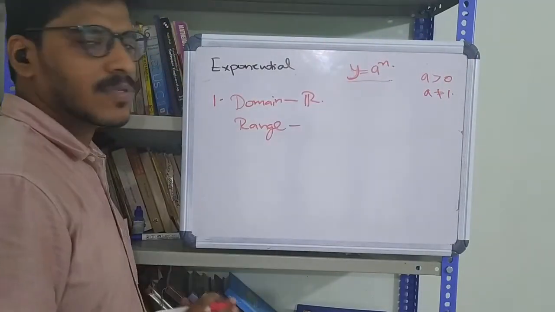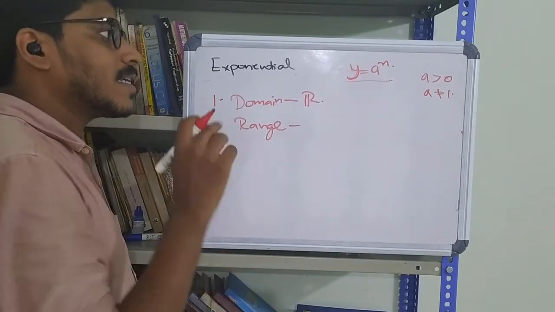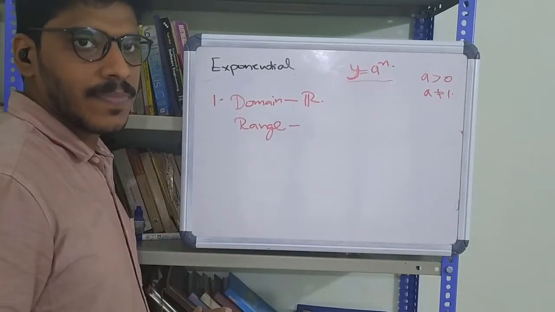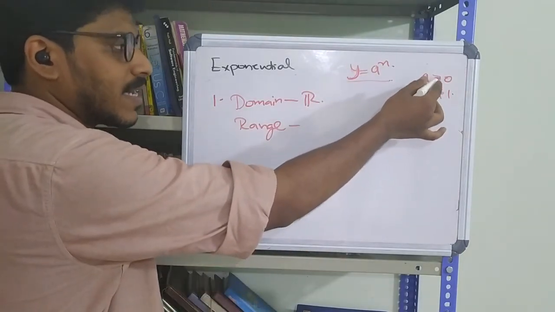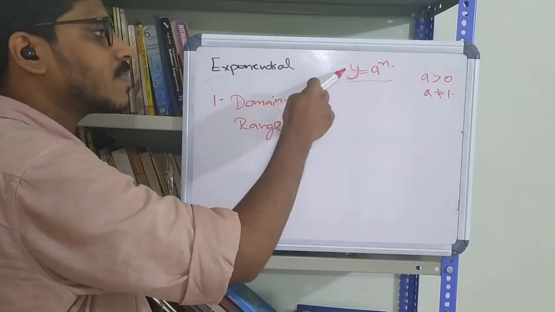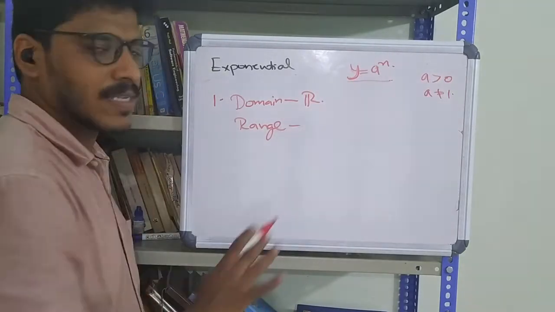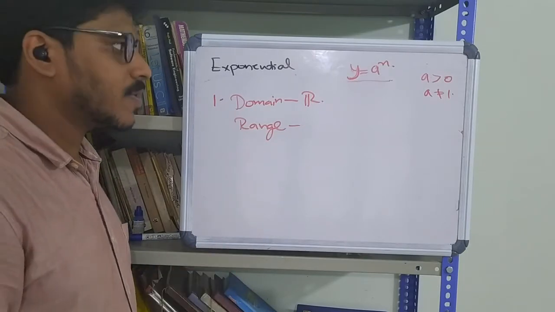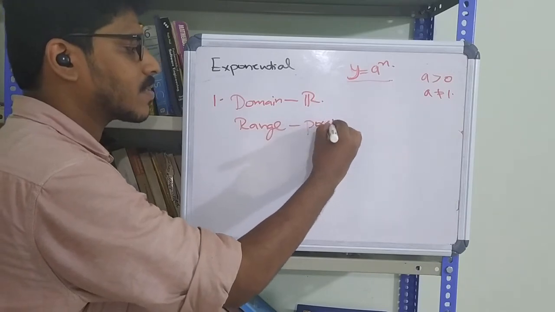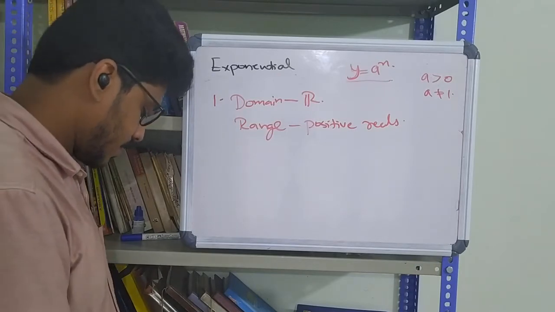If a is strictly positive, can y be 0? y cannot be 0 unless a is 0, and we have assumed a is strictly greater than 0, so y cannot be 0. Is there any possibility that y equal to a raised to x is negative if a is positive? That's also not possible. So the range is the set of all positive real numbers.